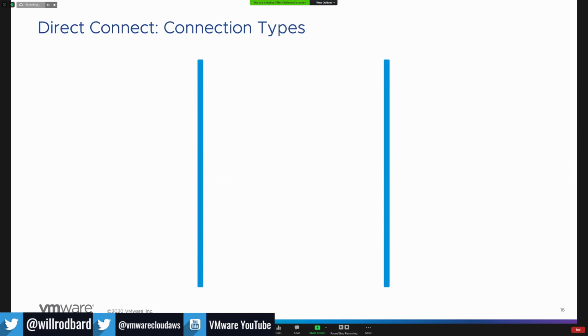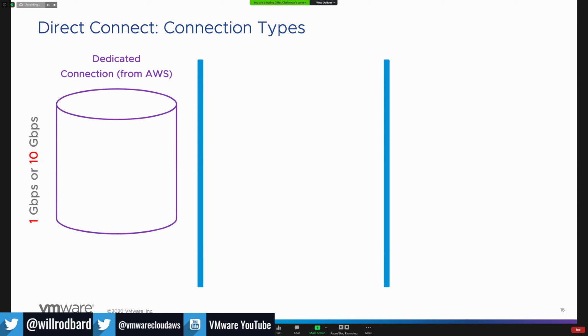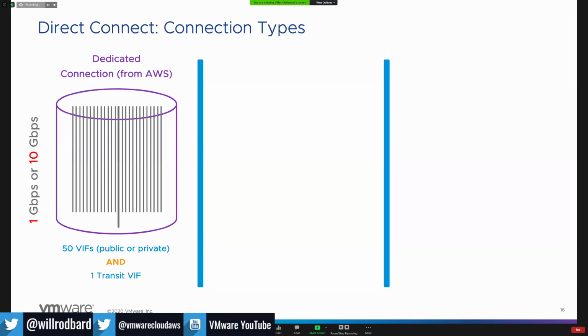Connection types, three connection types, very important slide. Okay, the first one is what AWS calls a dedicated connection. Dedicated connection is 1 or 10 gig and has a lot of virtual interfaces, 50 public or private virtual interfaces and one transit virtual interface.